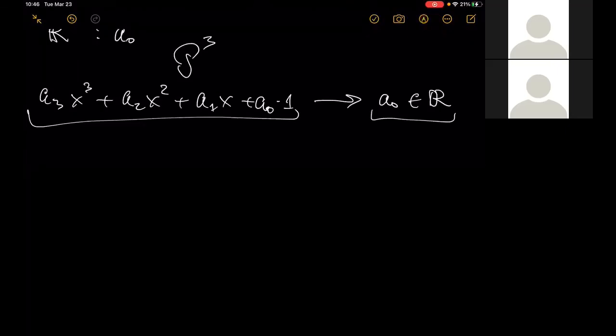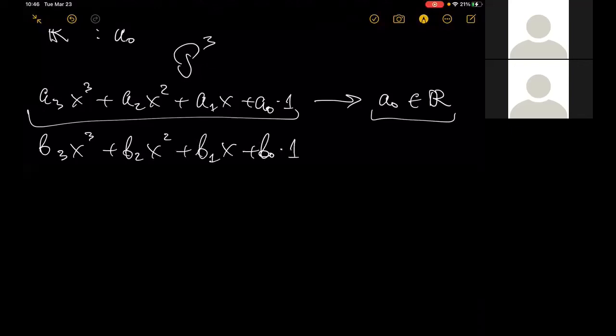Okay, so let us prove that it preserves structure. Let me consider a second polynomial and map it to b0.